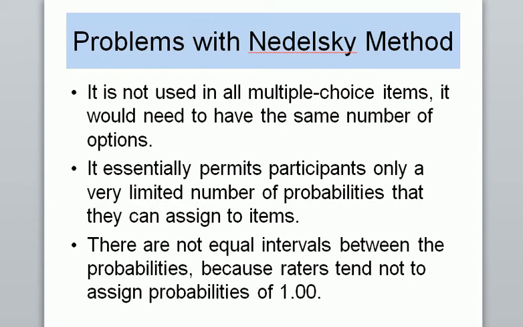It means the raters never assign 100% correct. So they may make mistakes, or the intervals between the probabilities become different.